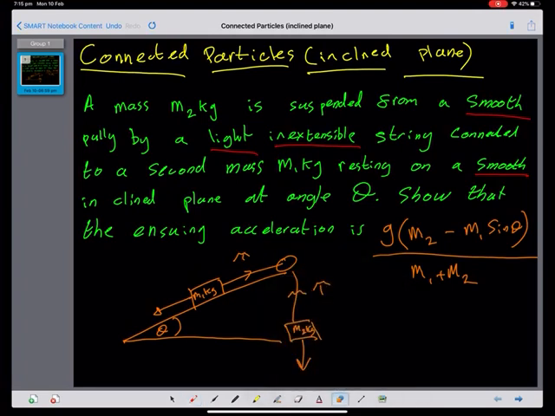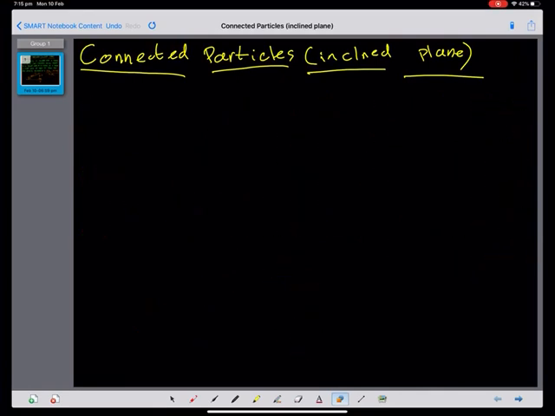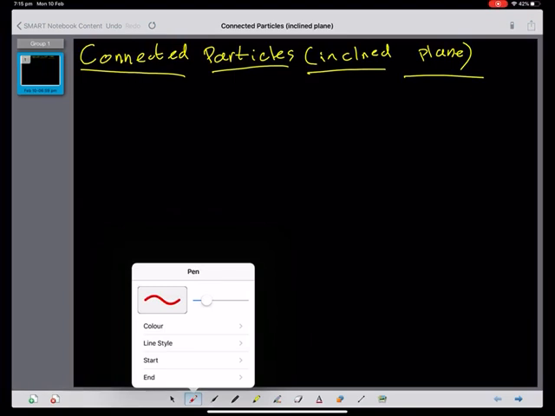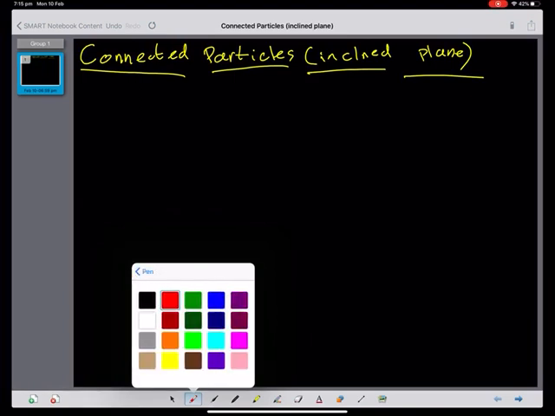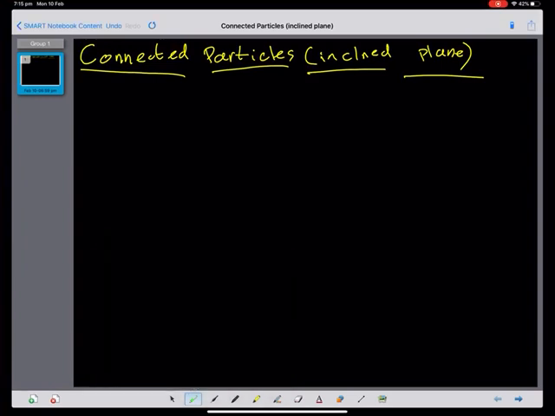Let's do this in green. I'm going to do this up here.